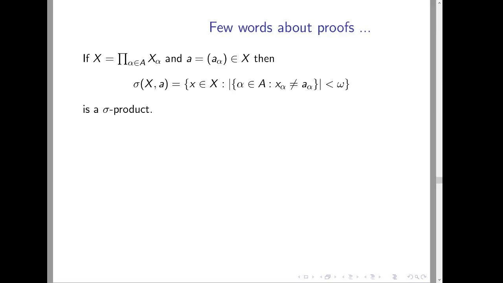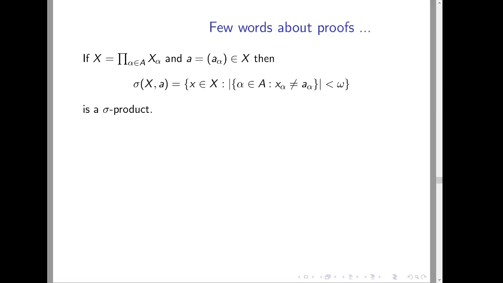So you fix a base point A, an element of the product. And the sigma product based at this A is a subset of the product consisting of all elements of the product that differ from A on a finite set of coordinates.